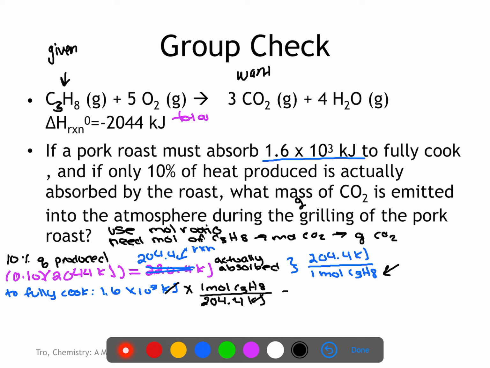Because then you see kilojoules and kilojoules cancel out, and if you plug that into your calculator, you should get 1.6 times 10 to the third divided by 204.4, which is 7.83 moles. Now you have your amount of propane and you want carbon dioxide. So now that you have moles, you can use mole ratio. So there's 3 moles of carbon dioxide for 1 mole of propane.